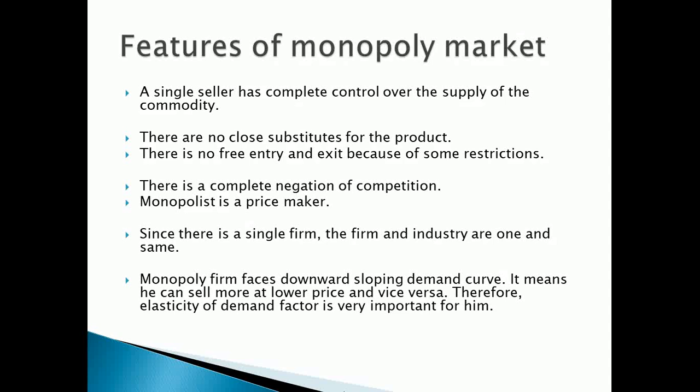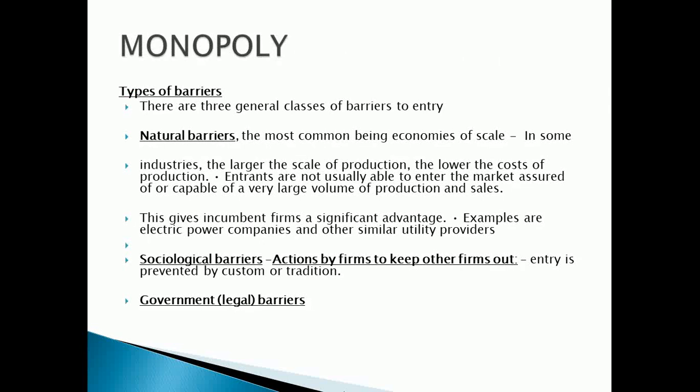A monopoly firm that charges the same price to all customers will face an average revenue curve, which is the same thing as the demand curve, as we have mentioned before. Therefore, a profit maximizing firm, such as a monopoly firm, will produce where MR equals MC.